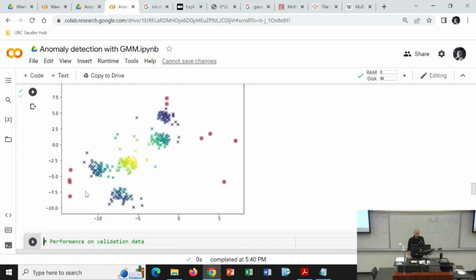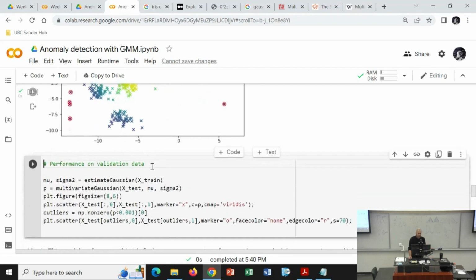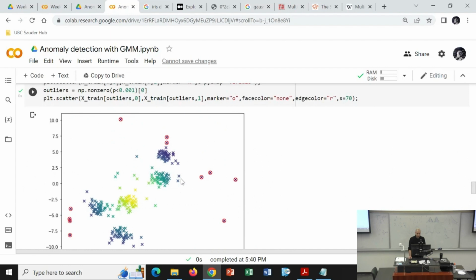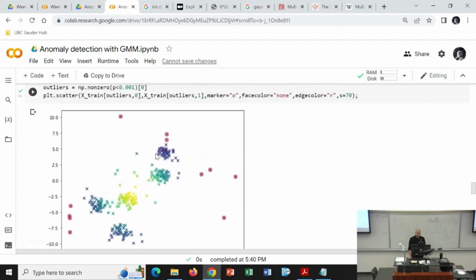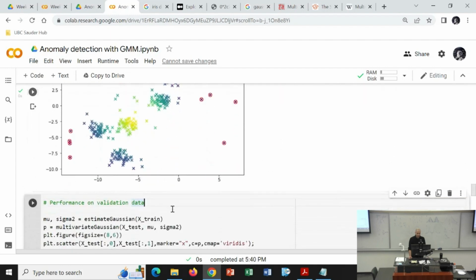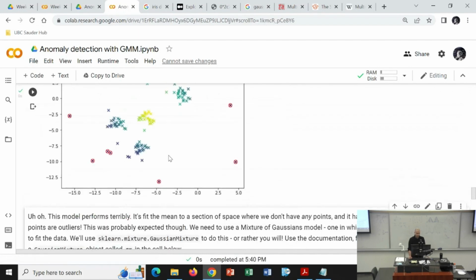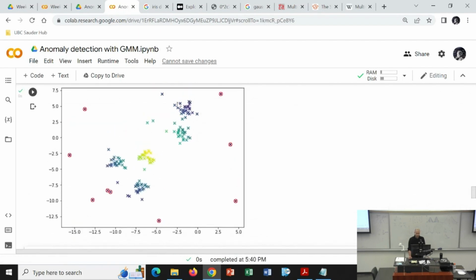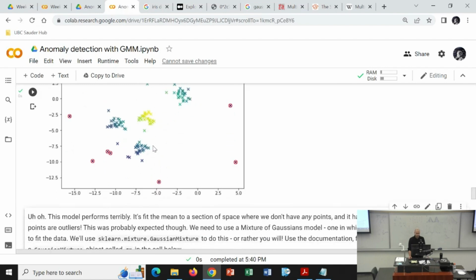With 1 Gaussian distribution, it fits to all of these, takes all of this as the core, and only detects these outliers that are so far off, and the outliers in between the cores are not detected. This is expected, and this was performance on the training set. We also had a validation set. On the validation set, again, the performance will be poor. And again, the outliers in between are not detected.